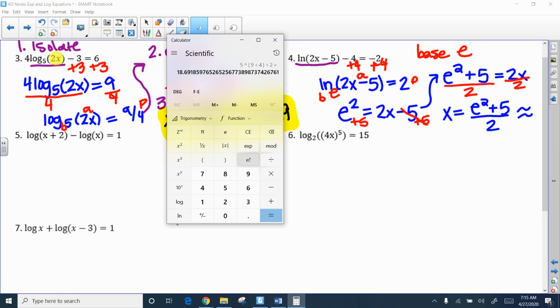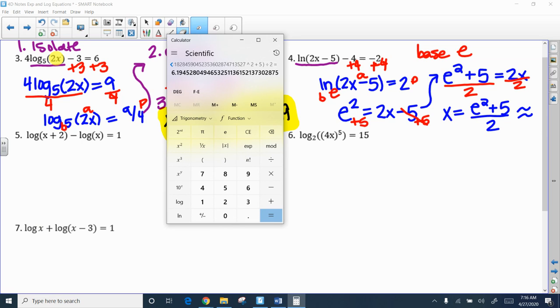So in parentheses, we're doing e to the second power plus 5, close the parentheses, and then divided by 2. And remember, e is just a number, and it's about 2.72.